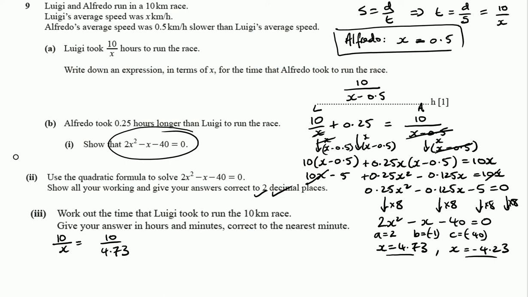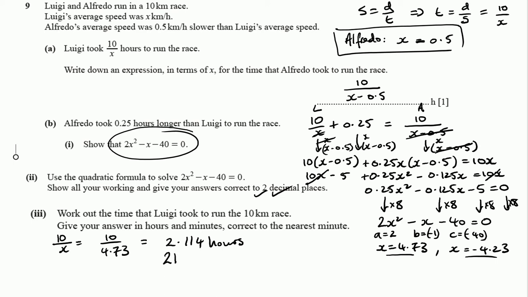So 10 over 4.73, if I type that into my calculator, I'm going to get an answer in hours. And that answer is going to be 2.114 hours. Now that's 2 hours and some number of minutes. If I take the 0.114 and times it by 60, I'll get my minutes.